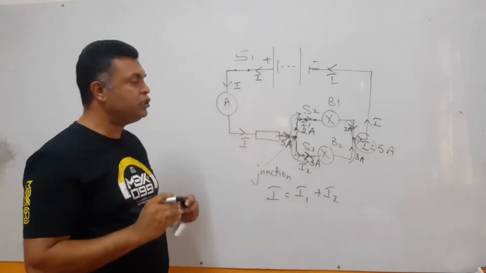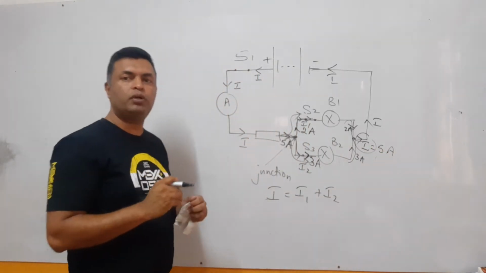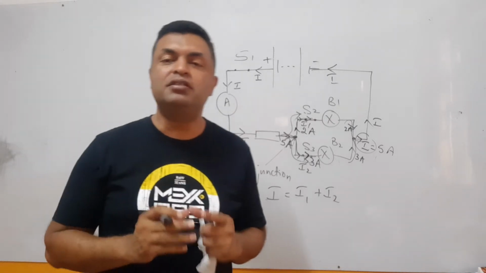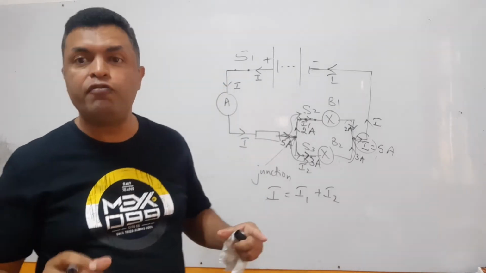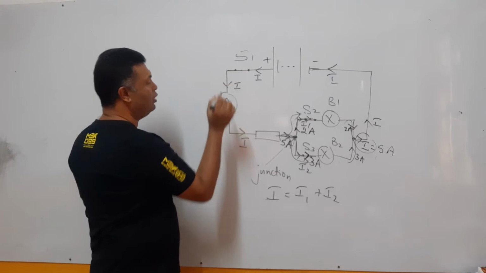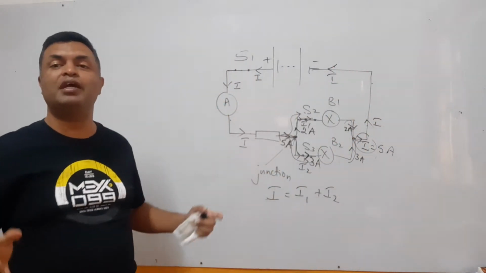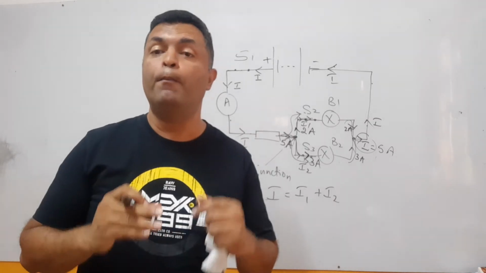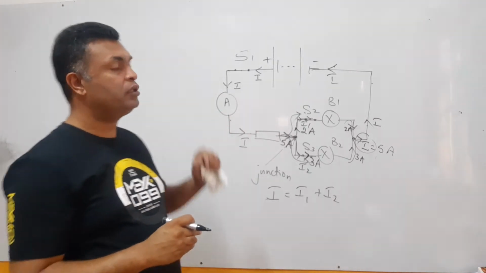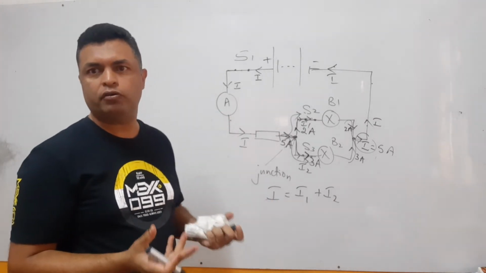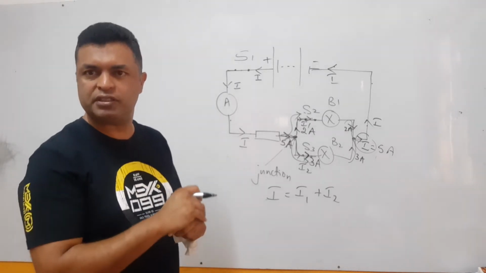So that's the difference between a series circuit and a parallel circuit. In series, current is the same everywhere. For example, here, even here. These are in series. The current is the same at all points in series. But in parallel, the current may not be the same. But the voltage is the same in parallel.